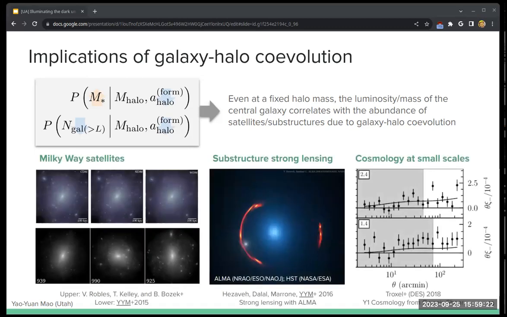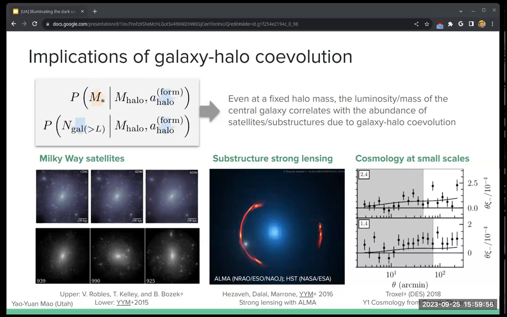So here are a few examples. Milky Way satellites, I already mentioned that. Imagine you want to do substructure strong lensing. So this is trying to find perturbations of the Einstein ring. There, you need to know the probability of finding a substructure given your lens system. But you know your lens system through the measurement of stellar mass. So without assuming that correlation, and with assuming the correlation, will actually give you a different prediction of the number of subhalos you might expect.